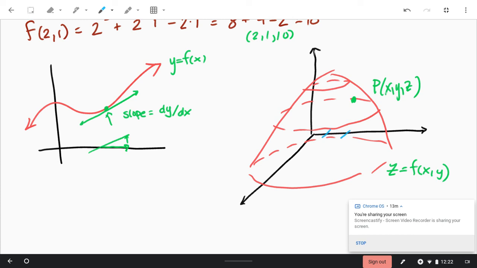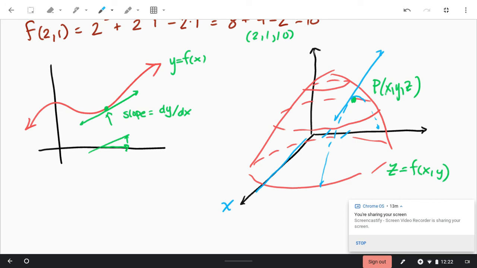Think about following that along the curve parallel to the x-axis. That little blue curve is like taking a slice out of this igloo parallel to the x-axis, and you can almost see it like a parabola there. And I could get the slope of the tangent line right there.